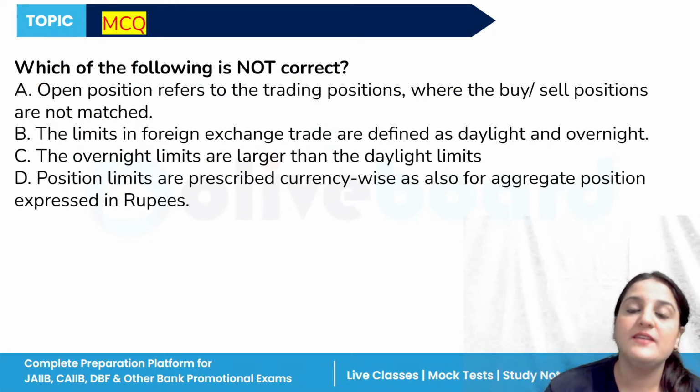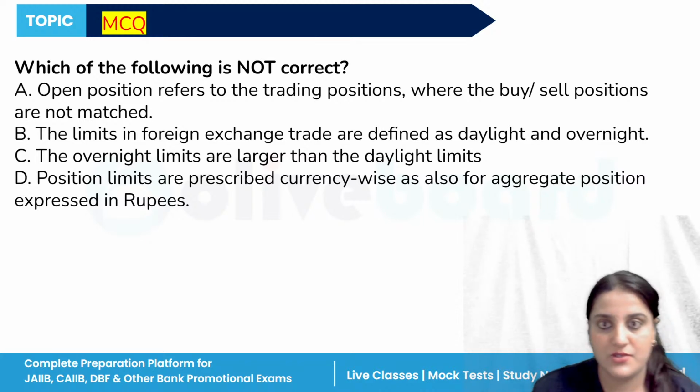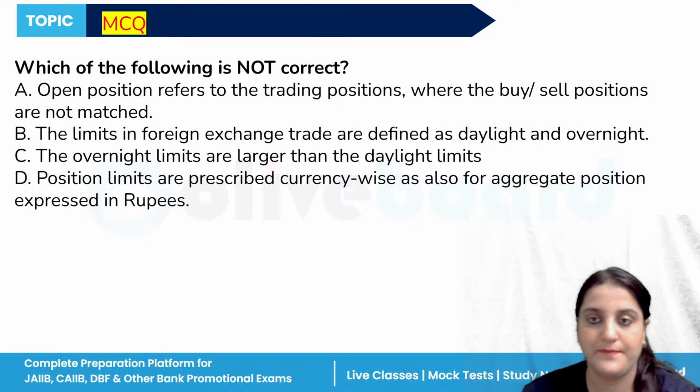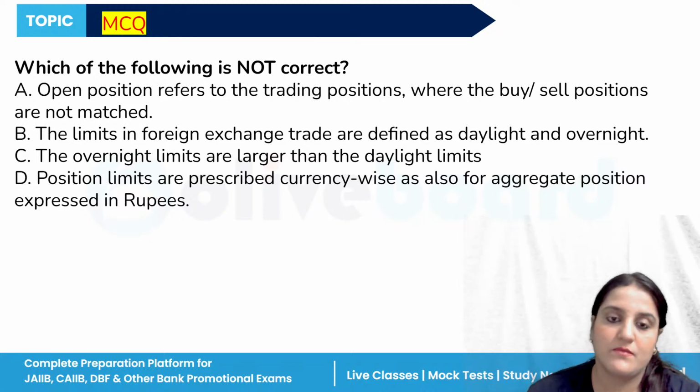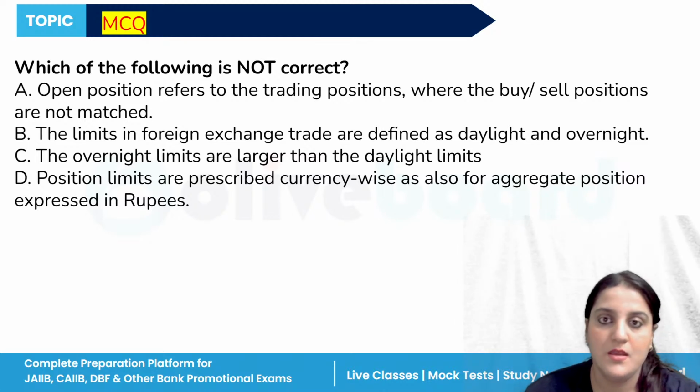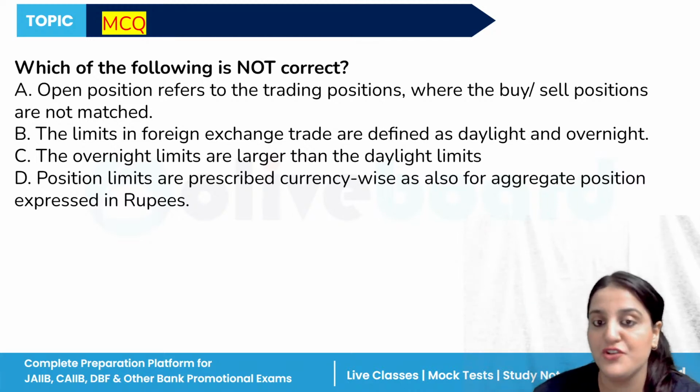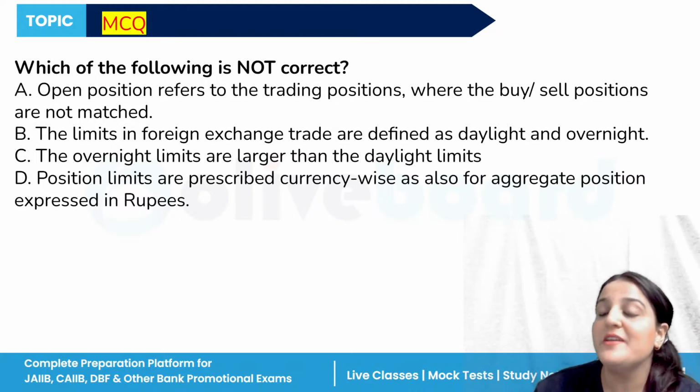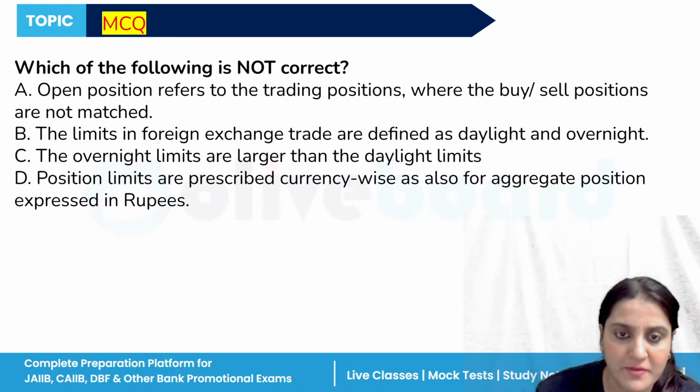Which of the following is not correct? Now tell me fast. Which of the following is not correct? Okay. First option, open positions refers to the trading positions where the buy sell currencies are not matched.